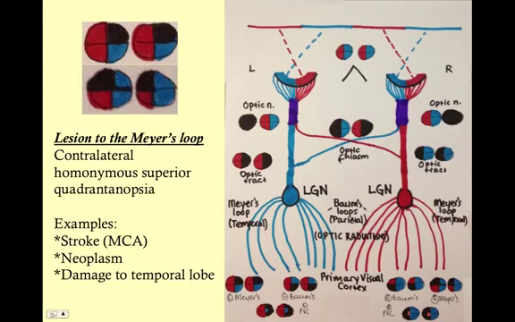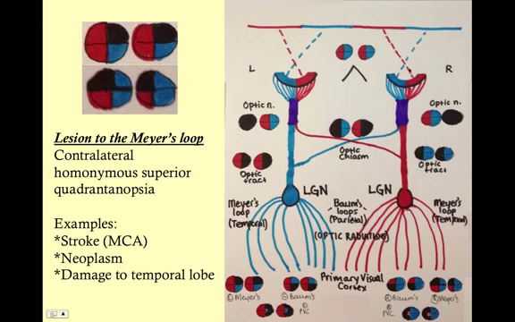Okay, so remember that Meyer's loop contains the superior part of the vision from that side. So the Meyer's loop on the left side of the brain contains all of the superior quadrant information, all the superior information from the right visual field on the opposite eye.